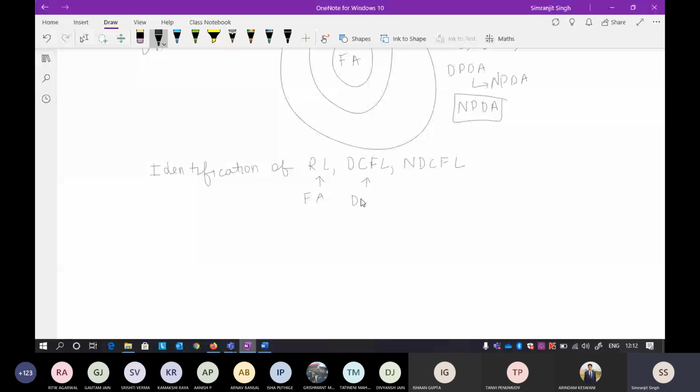If you can build a DPDA for it, then that language is a deterministic CFL, and if you are able to build only a non-deterministic PDA for it, that language will be a non-deterministic CFL. Okay, so without wasting any time, I just show you the questions that we want to do.